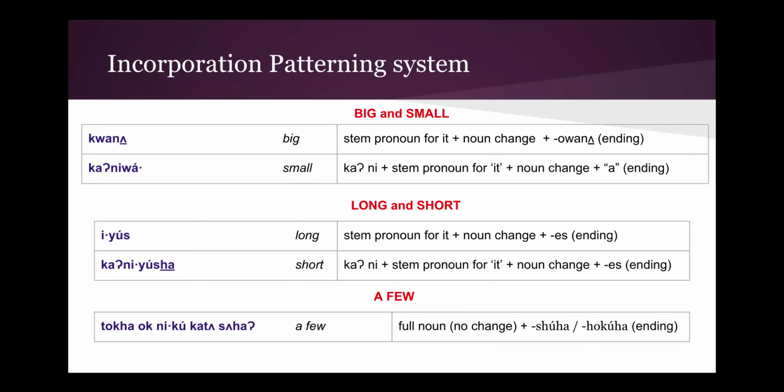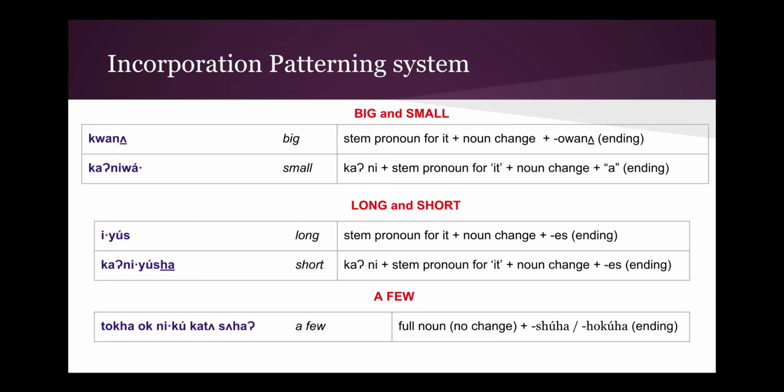So here's some more examples of descriptors. Guan, big. Gutniwa, small. Hius, long. Gahnius, short.